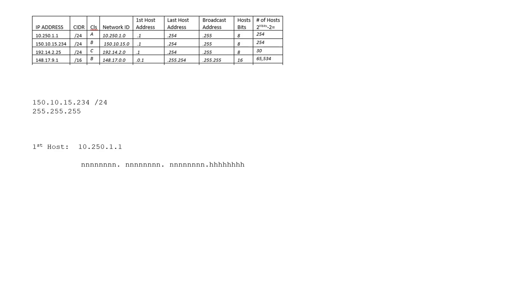Remembering that 255 is equivalent to 8 binary ones, therefore 3 sets of 255 gives us 24, and then 0.